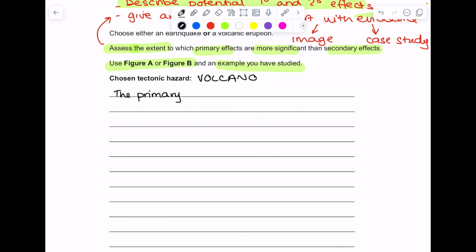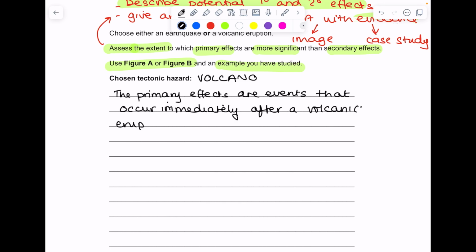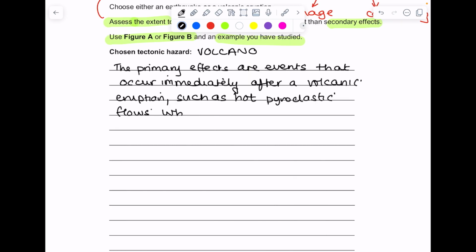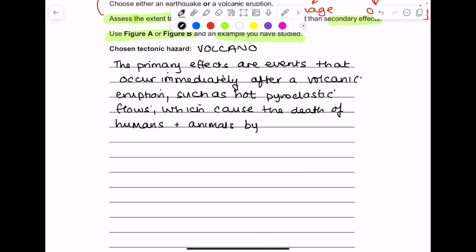So the primary effects are events that occur immediately after a volcanic eruption, such as, and I'm being nice and technical here, hot pyroclastic flows, which cause the death of humans and animals by suffocating or burning.